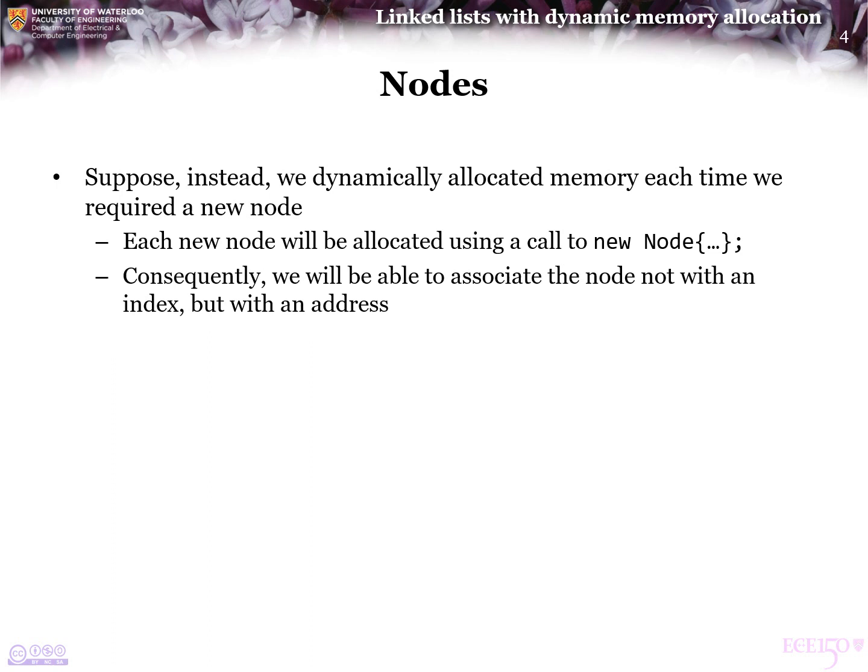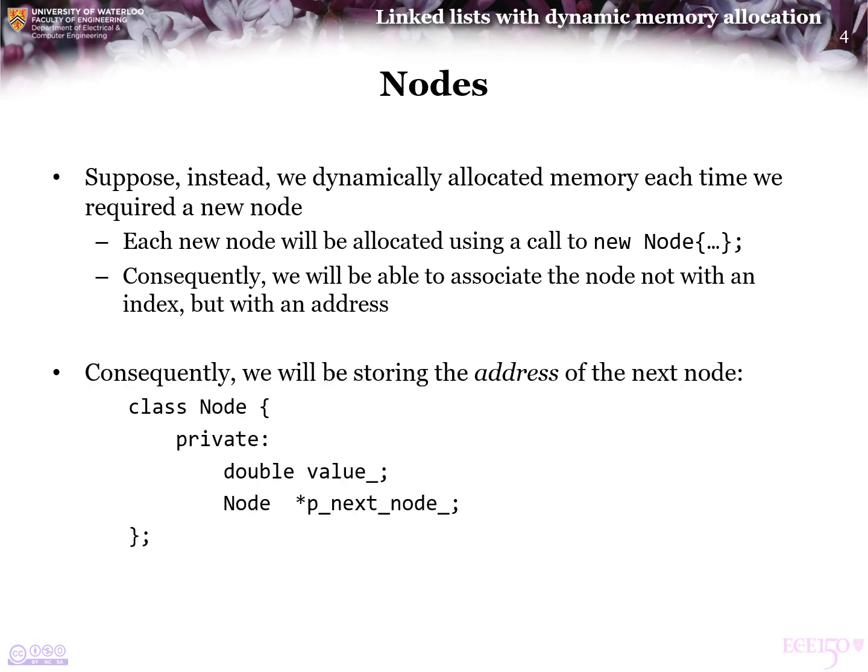Consequently, we will be able to address that node not with an index, but with the address returned by new. So we will be storing the address of the next node. Rather than having an index as a second member variable, we have a pointer to a node. That is, we will be storing the address of the next node in the linked list.